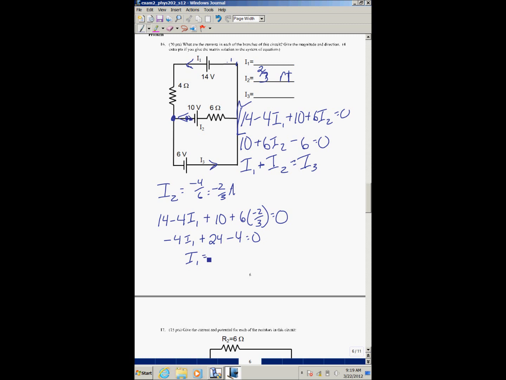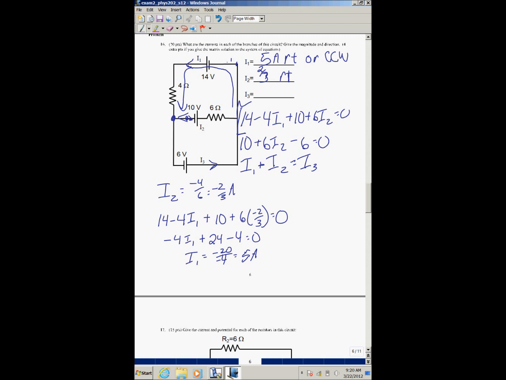So I1 equals negative 20 over negative 4, which is 5 amps. It comes out positive, so it's also to the right, or it goes counterclockwise as well because it goes up in this direction like that, and counterclockwise.